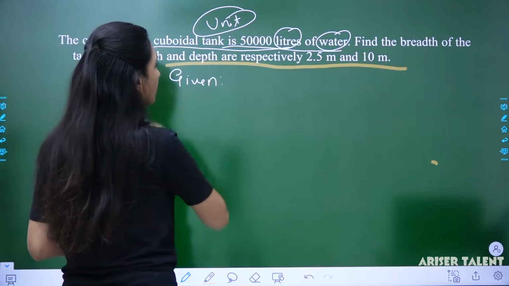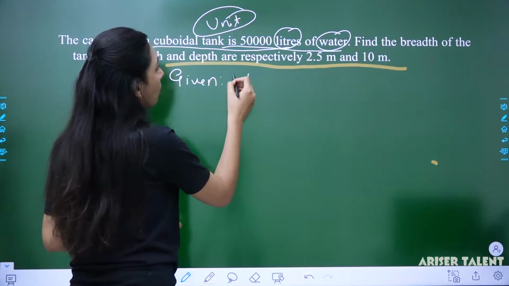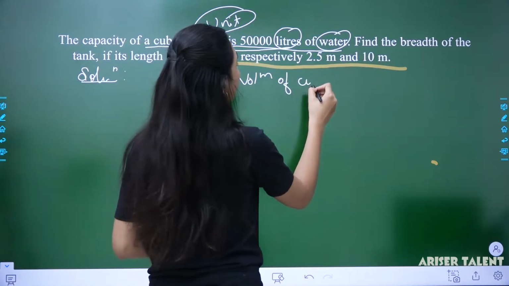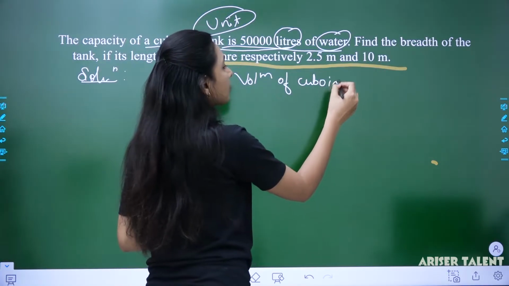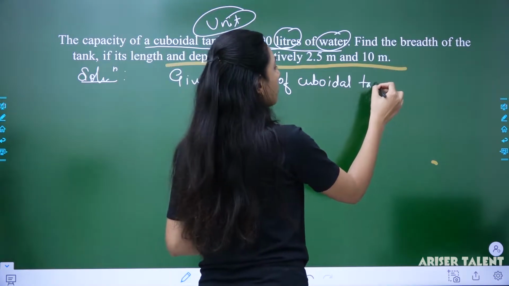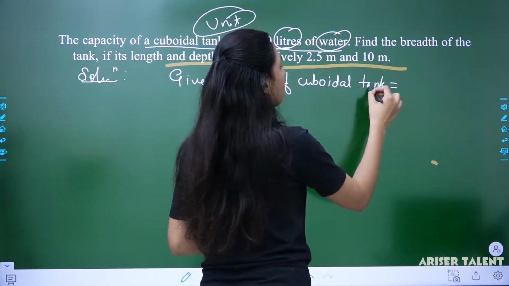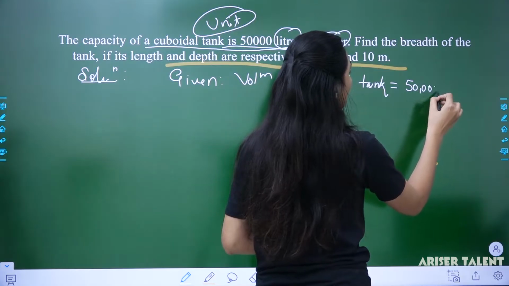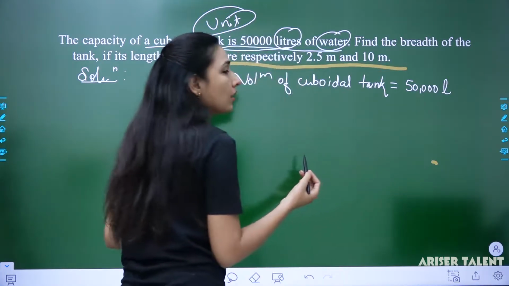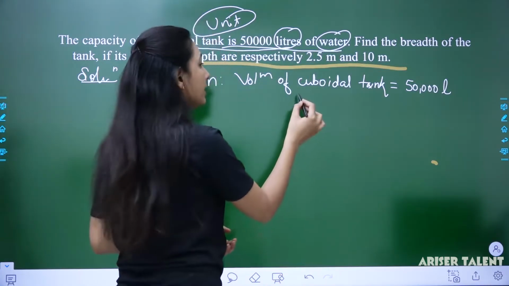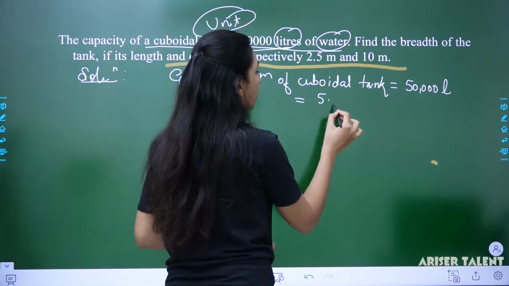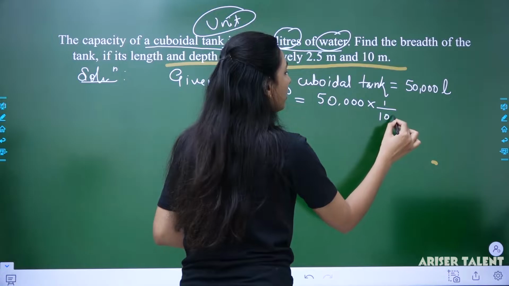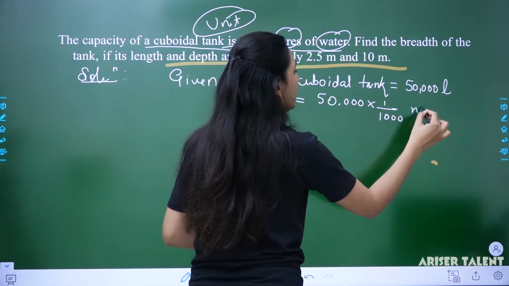Given: volume of cuboidal tank is equal to 50,000 liters, or else what can we say? 50,000 multiplied by 1/1000 meter cubes.